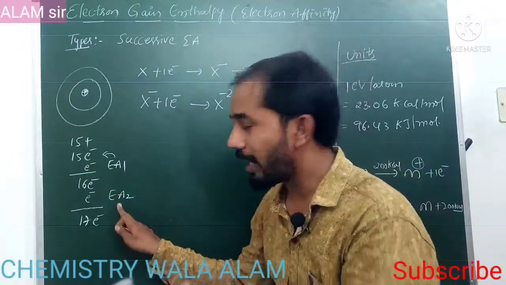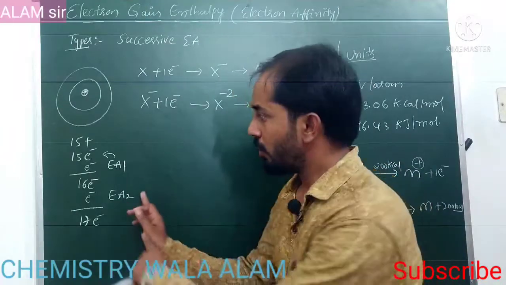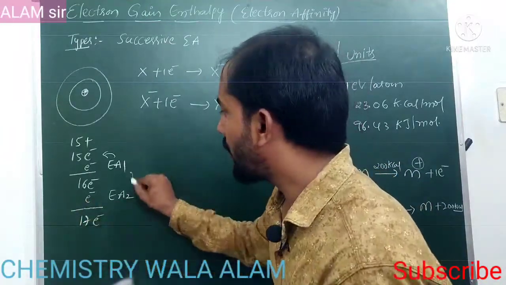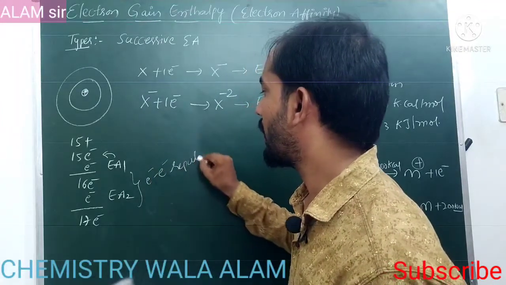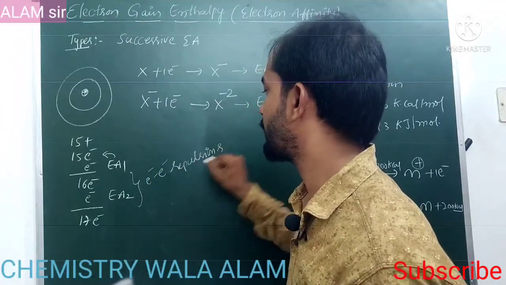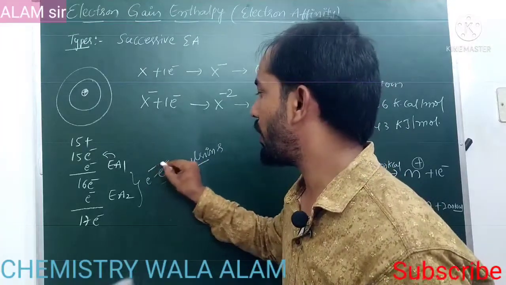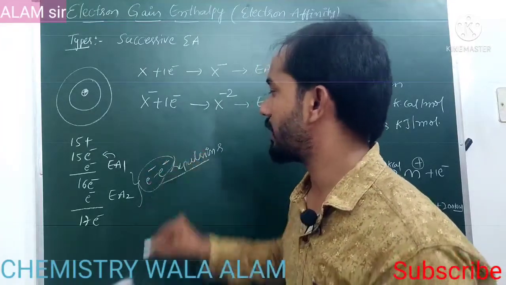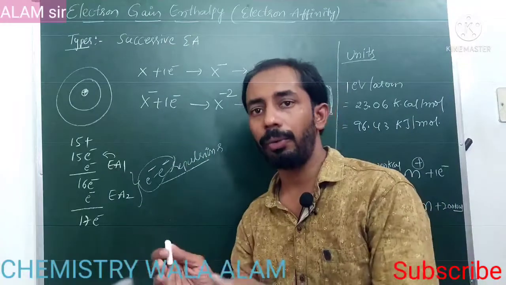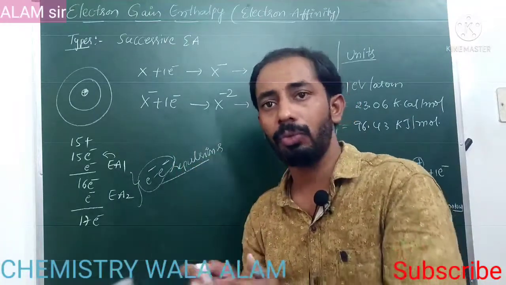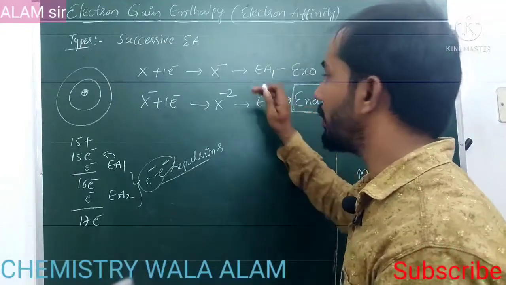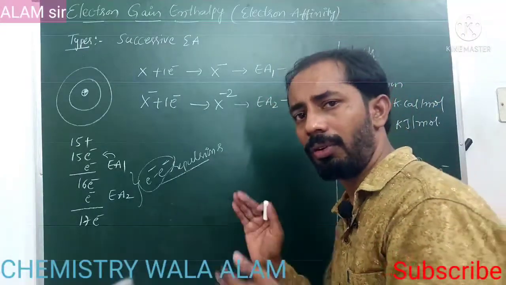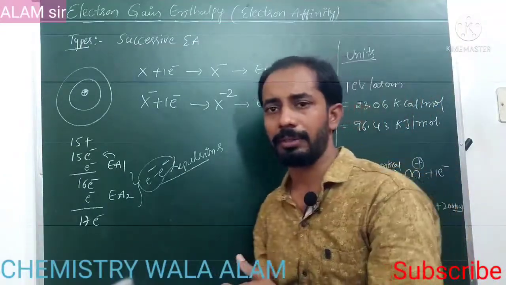Coming to the second electron affinity, electronic repulsions will take place. To overcome these electronic repulsions, we have to supply some amount of energy to add the electron. That's why second, third, fourth, fifth, sixth, all are endothermic processes.